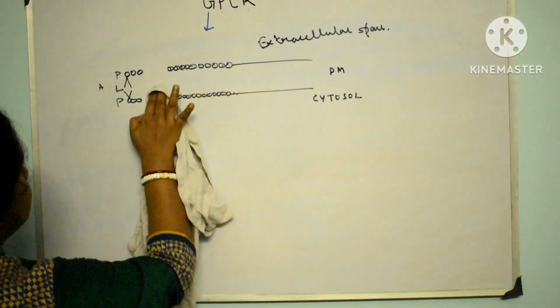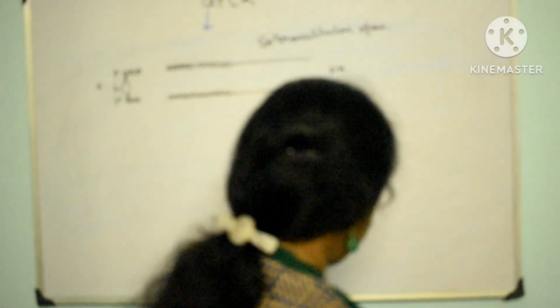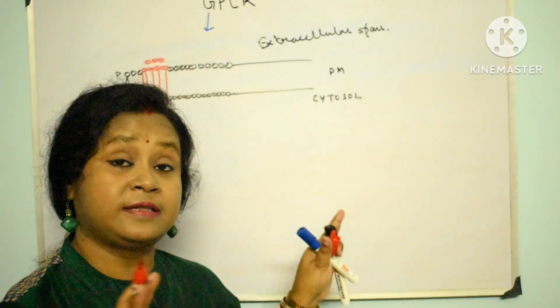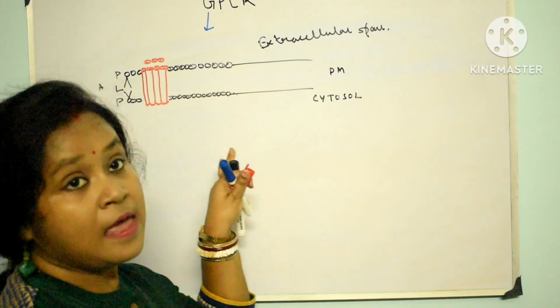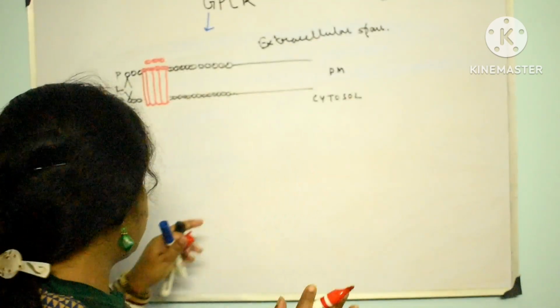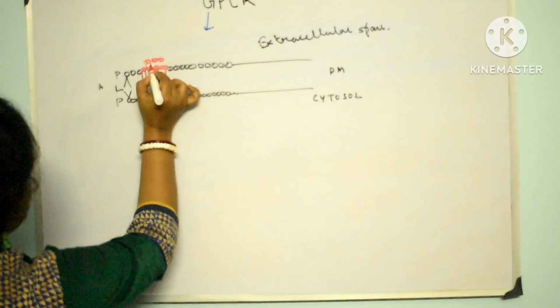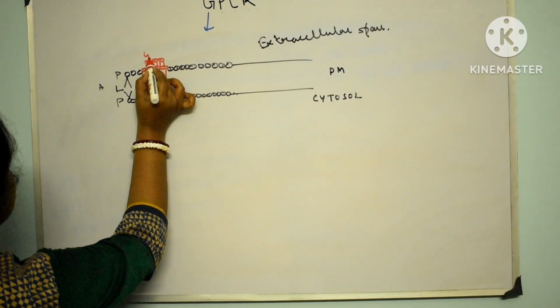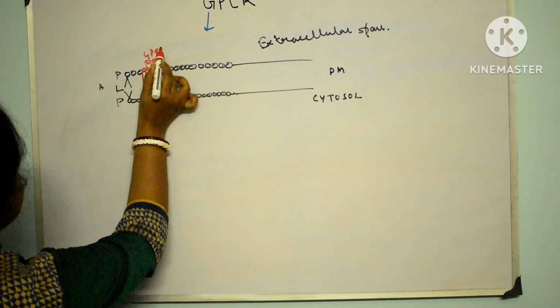Let's draw the G protein. I have already discussed with you that it is going to cross the plasma membrane 7 times. The serpentine nature, it will cross the lipid bilayer 7 times. This will be a 3D diagram. This one is GPCR.